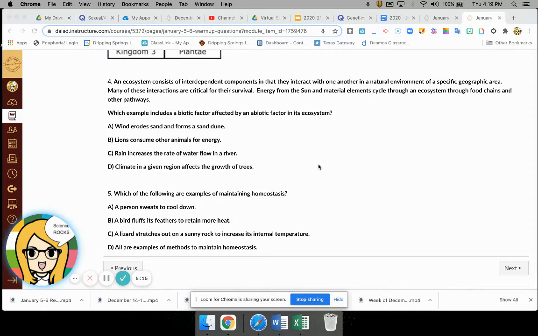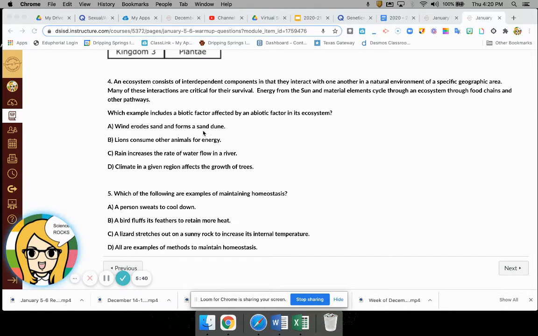So you'll have to remember that biotic means living and abiotic is non-living. So think about living things in an ecosystem and non-living things in an ecosystem. So the question asks, which example includes something alive affected by something not alive? So wind eroding and forming a sand dune.